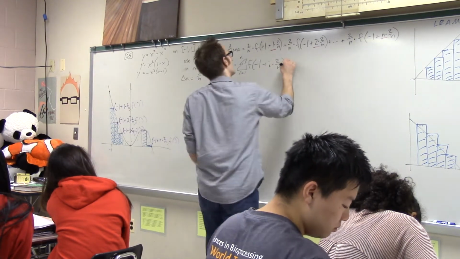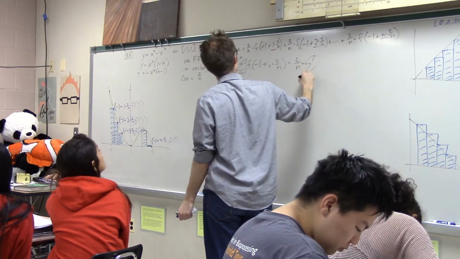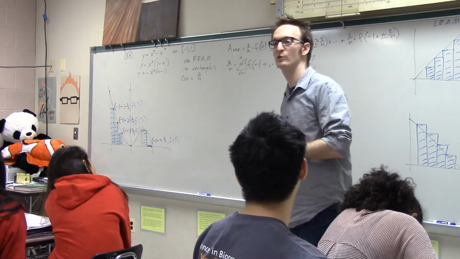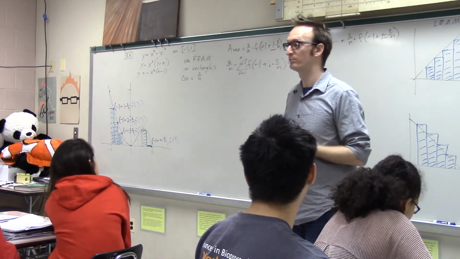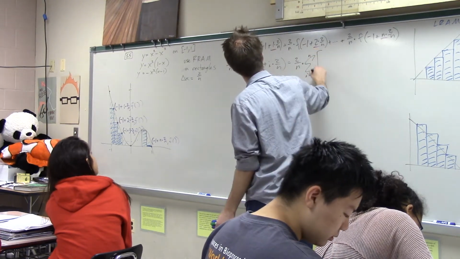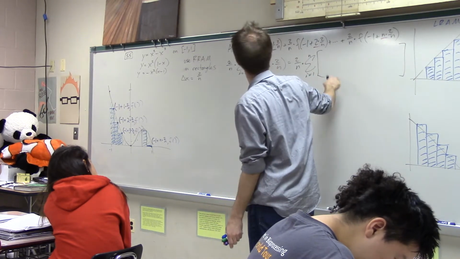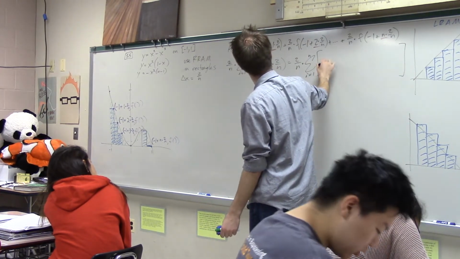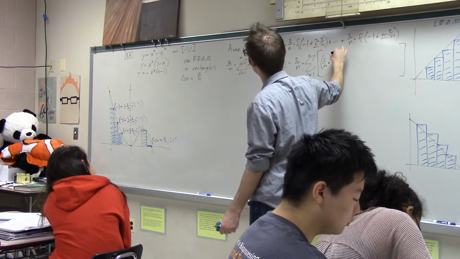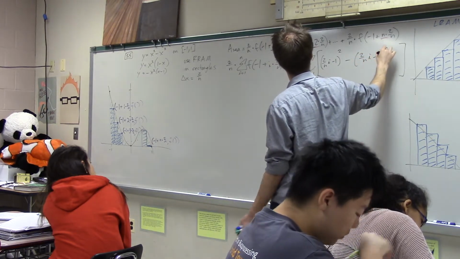So let's do it. So we get 2 over n times, and now what do I have to do now? Only one thing to do. First I have to plug it into the function. So I have to plug into the function -1 plus i times 2 over n. So it's going to get a little ugly, right? It's going to be (2i/n - 1) squared minus (2i/n - 1) cubed.